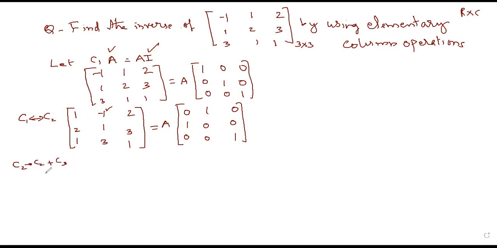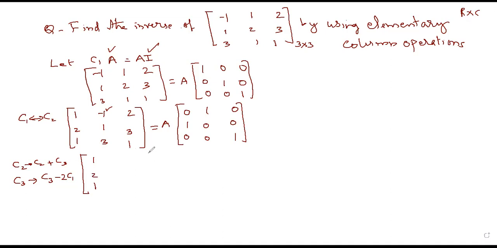And again I am applying two operations at a time, but I suggest that in the starting you should apply one operation at a time. And C3 will change. When you multiply C1 by 2 and add in C3, it will become 0. So like this, we are going to change two columns, C2 and C3.